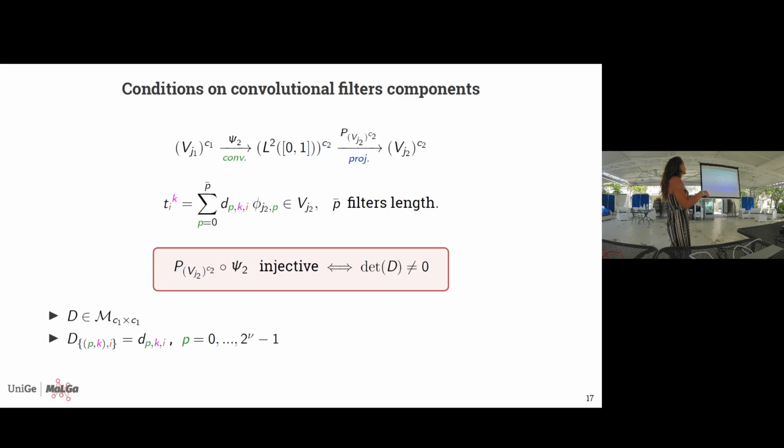That is that we have to impose that the determinant of D is different from 0, where D is a matrix that depends easily on these coefficients d_p,k,i. And so it's easy to compute this determinant. And as I said before, this condition of the determinant of D being different from 0 is the same as imposing linear independence on these vectors, varying p and k.